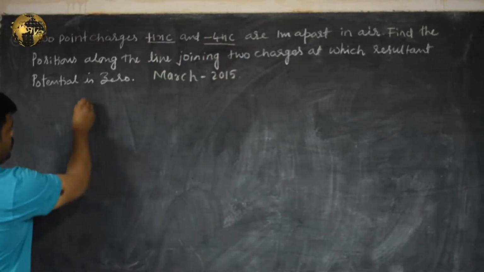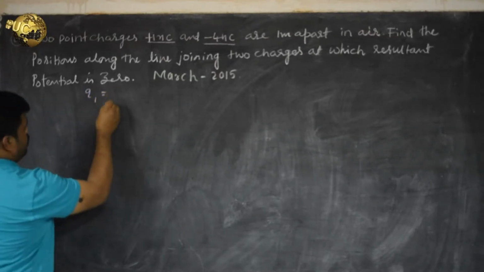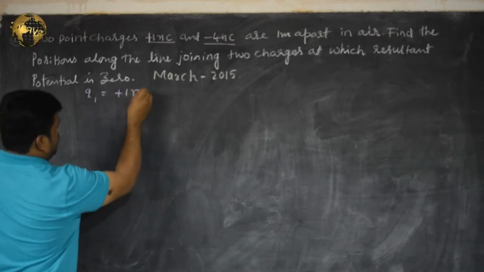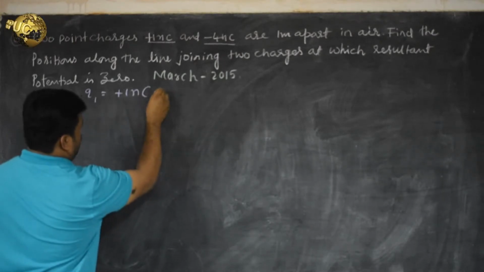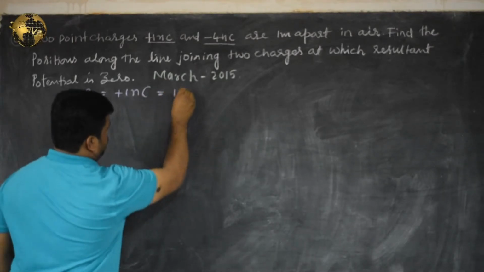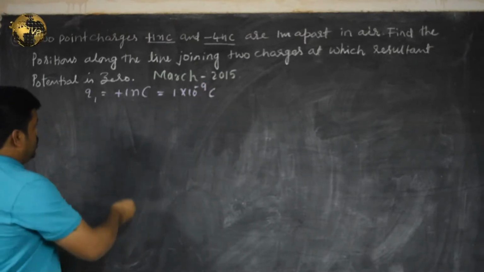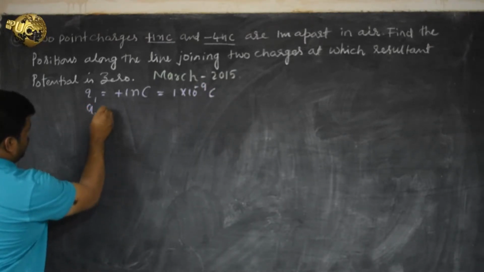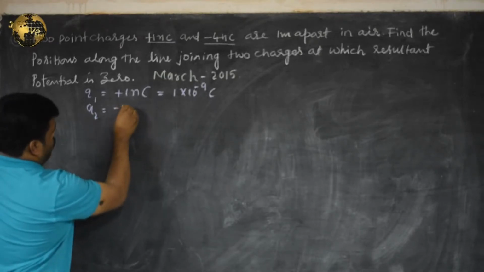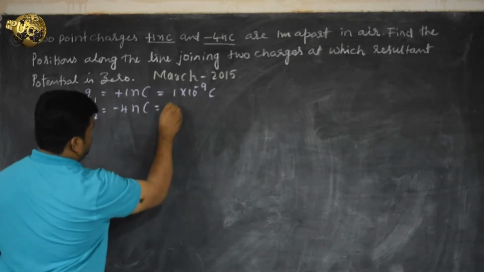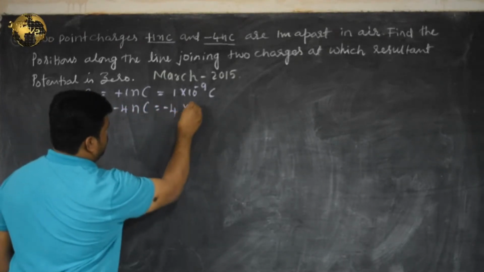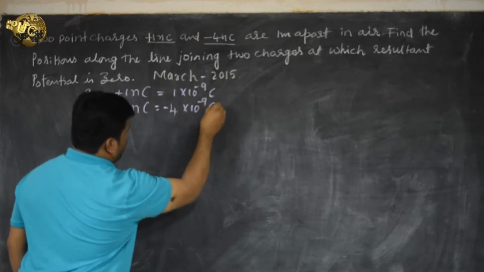I can take Q1 is equal to plus 1 nanocoulomb, nano, that is 1 into 10 to the power minus 9 coulomb, and Q2 is minus 4 nanocoulomb, so that is minus 4 into 10 to the power minus 9 coulomb.